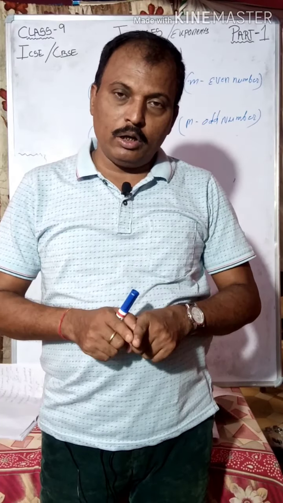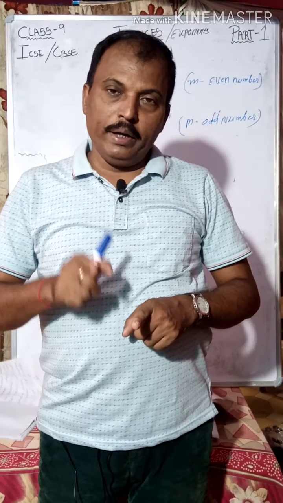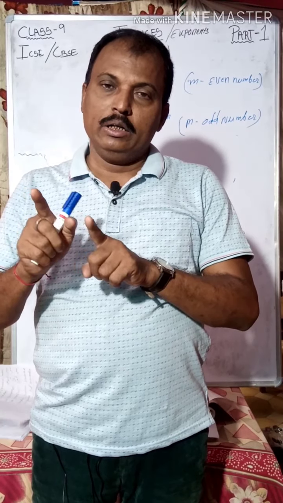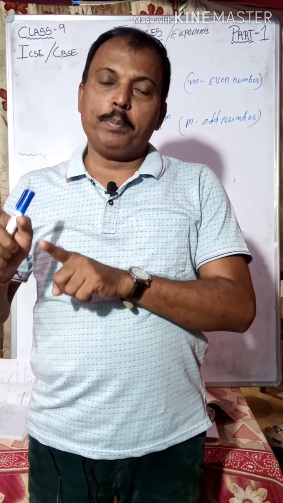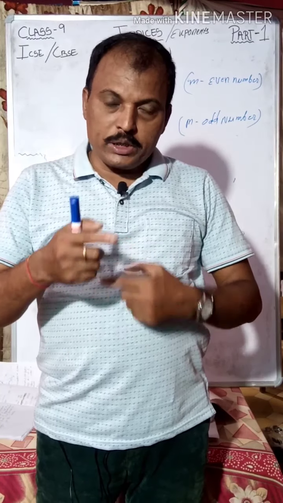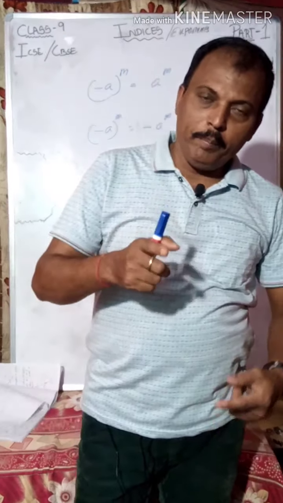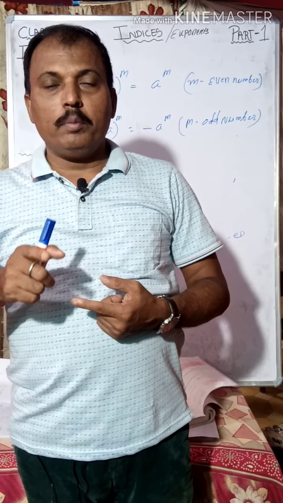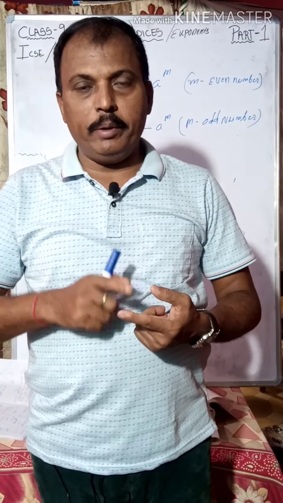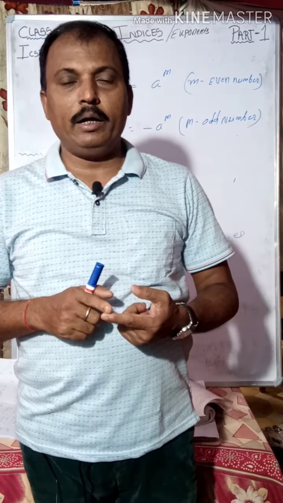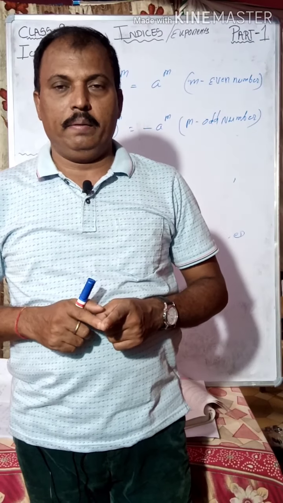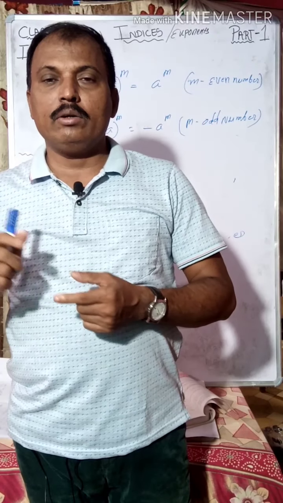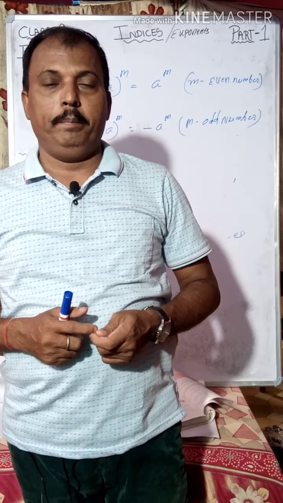Product law: a to the power m into a to the power n, with equal base and different indices, is the sum of the indices, so a to the power m plus n. Then quotient law: a to the power m upon a to the power n, the base equal in numerator and denominator but indices different, is a to the power m minus n. Then power law: a to the power m whole to the power n is equal to a to the power mn.